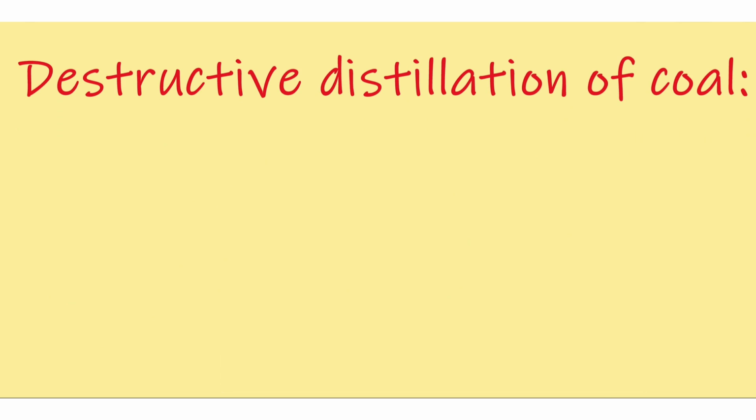When we do destructive distillation of coal, three products are obtained: coal tar, coke, and coal gas. Coke is a solid, coal tar is a liquid, coal gas is a gas. So now let's see what they are and their uses.